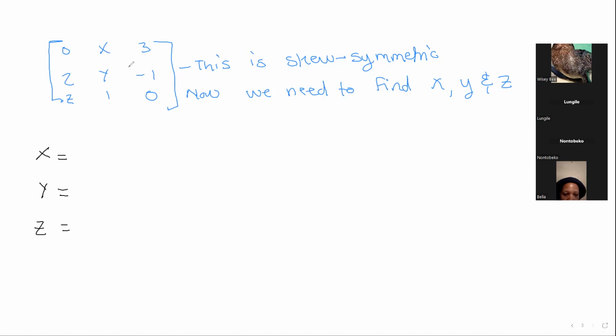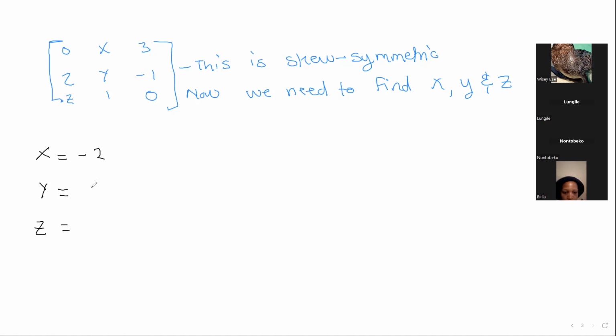Remember, it's skew symmetric. -2. Yes, -2. That's correct. And then y. What will be y in this case? Well, y is in the center, so I don't know.